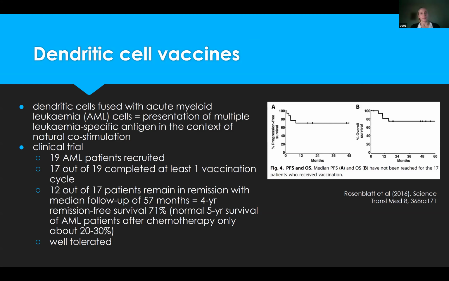That has the major benefit of presenting a lot of the different leukemia antigens on the surface of the fused dendritic cell. So it seems like we were able to generate a vaccine that targets the leukemia cells rather than a greater proportion of cells in the body. So it was much better tolerated than one would think that it could be.